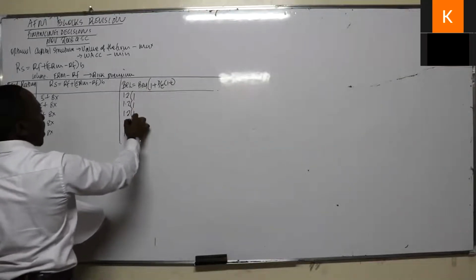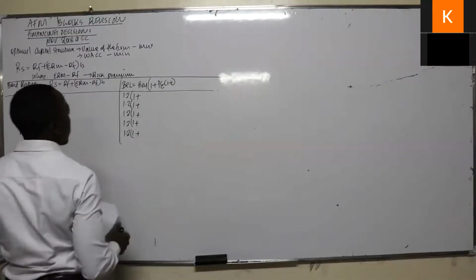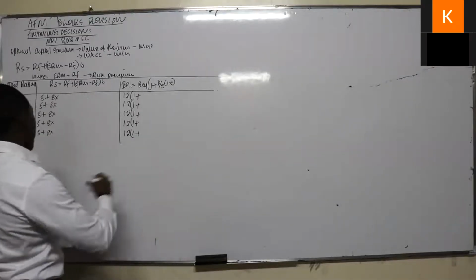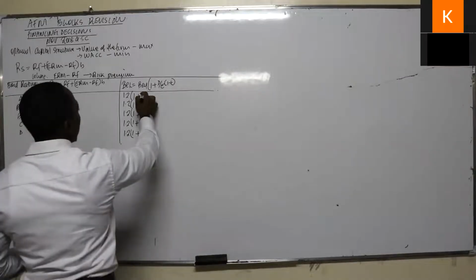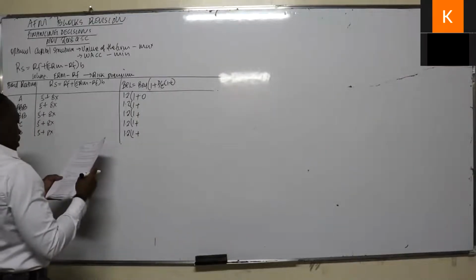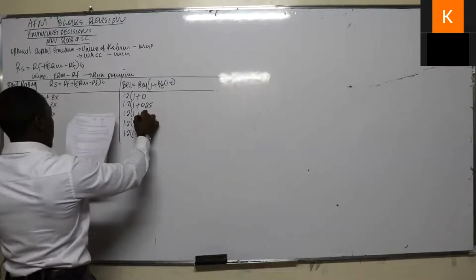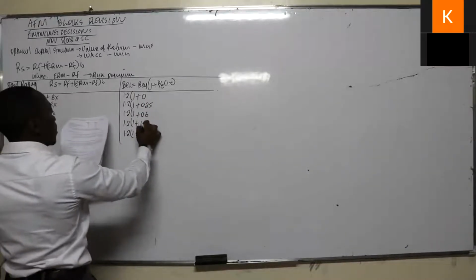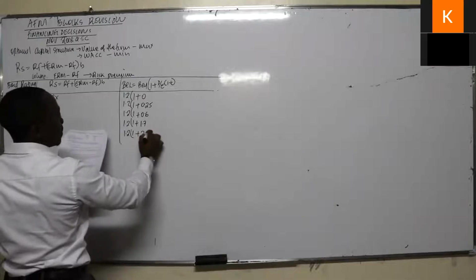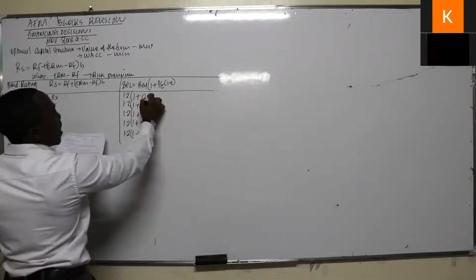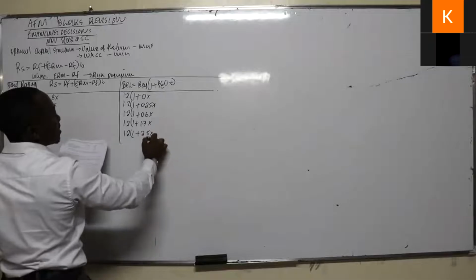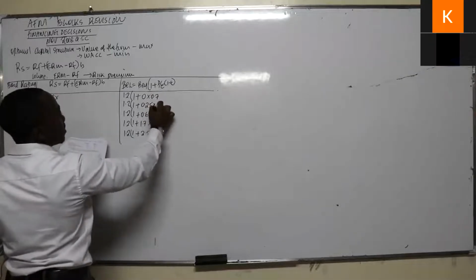Then you take 1, you add the debt to equity ratio. I've already given the debt to equity ratio: here is 0, then we have 0.25, 0.6, 1.7, 2.5. Then you multiply by 1 minus T. Tax rate was 30, so it's 0.7.